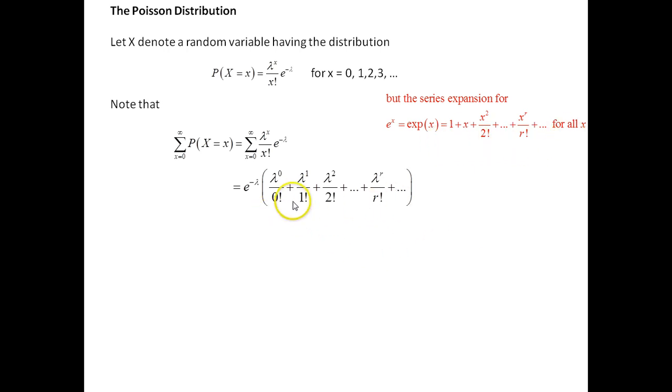So inside the bracket, 0 factorial is 1, so we have a 1 here plus lambda, plus lambda squared over 2 factorial, as we have there for x.